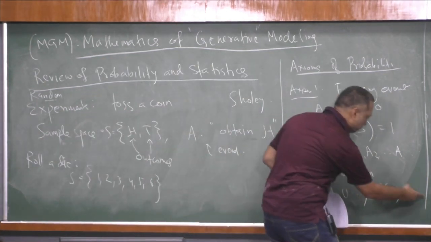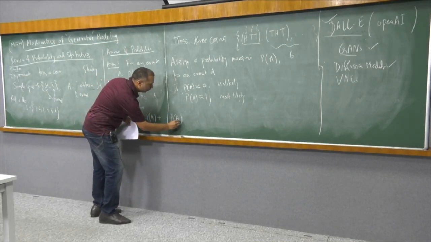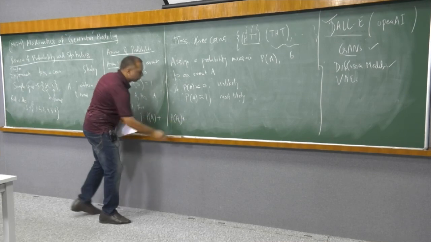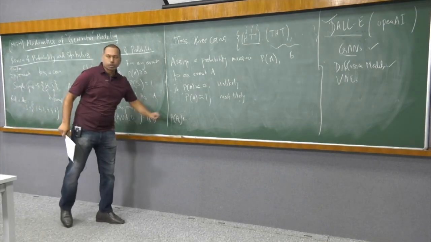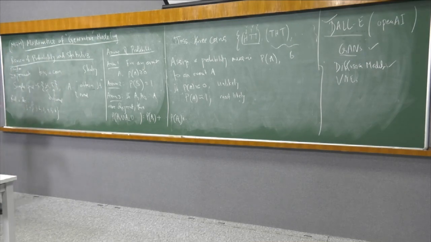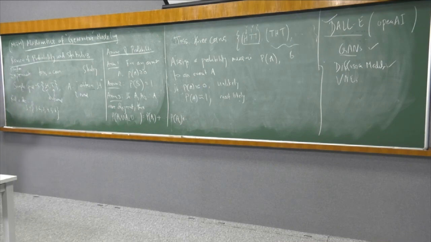So only some terms will remain: P of A1 plus dot dot dot plus P of Ak. Dot dot dot is okay as long as it's countable. It's countable because I can index 1 to k. So for a countable union of disjoint sets, in general the probability of the union will be the sum of the probabilities of the individual events.